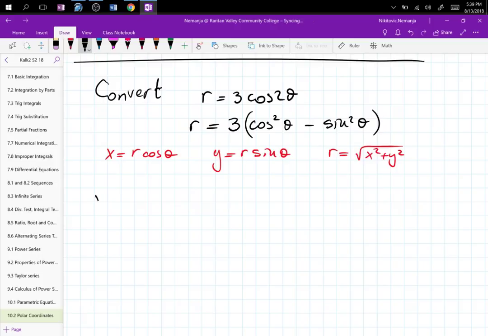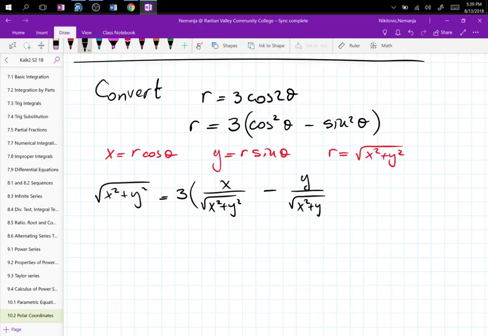So r is equal to the square root of x squared plus y squared. That's equal to 3 times, and now your cosine is equal to x over r, so x over the square root of x squared plus y squared, and then minus sine, which is y over the square root of x squared plus y squared.